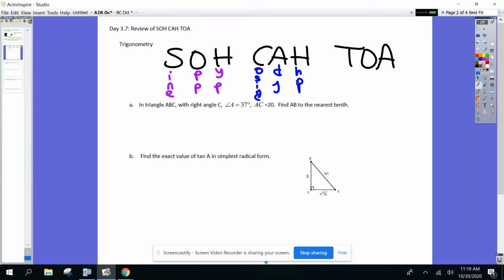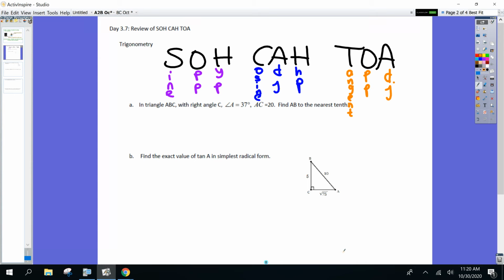And then if I didn't have any of that, I'd probably rely on the T for tangent, which stood for having the opposite side over the adjacent side. I apologize for how quick I'm going through this, but I feel like you guys have seen this enough that once you do an example or two, you'll be just like riding a bike.